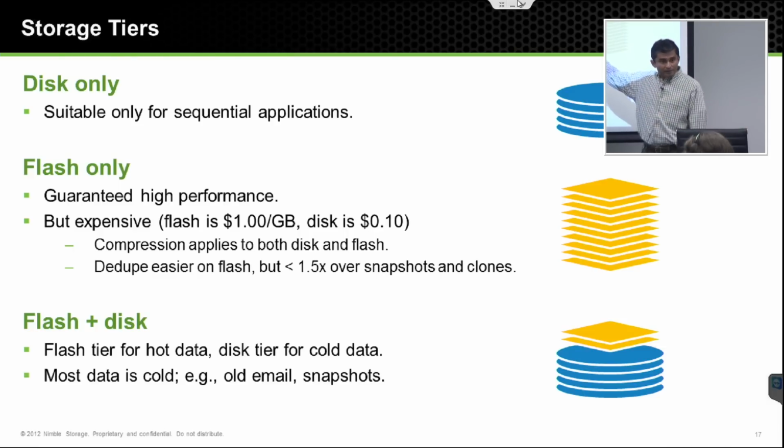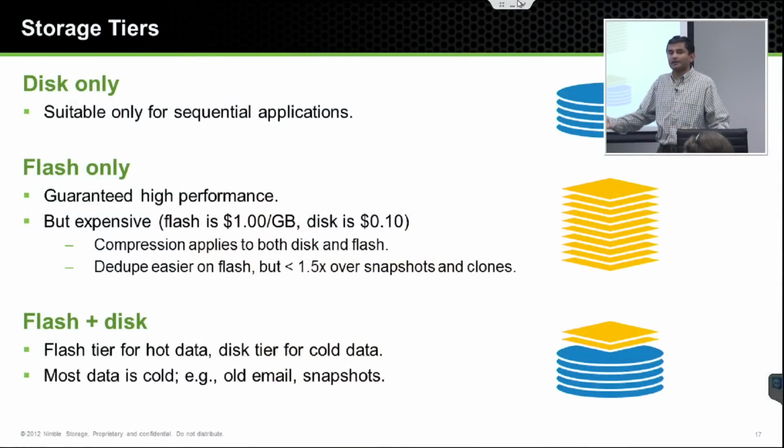On the other hand, you could have a system with only flash, and it would provide consistent performance across the entire data set, because the whole data set would be residing in flash. And in some sense, it's actually simpler to implement than a multi-tier system, because there's a single tier involved, single medium involved.